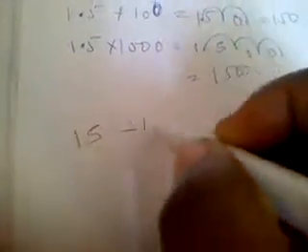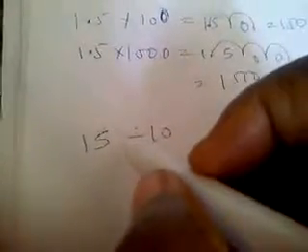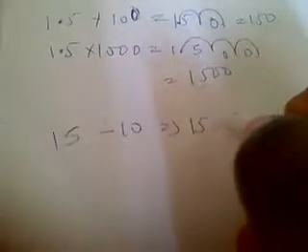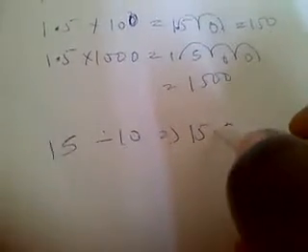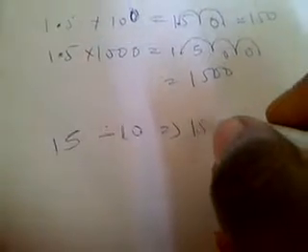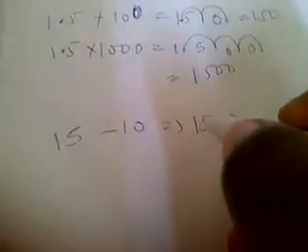Now if you're dividing a whole number by a power of 10, let's say 15 divided by 10. 15 is the same as 15.0, the decimal point is after the whole number. Now you're going to take this imaginary decimal point and move it one place to the left. If you're dividing by a power of 10, you move to the left. If you're multiplying by a power of 10, you move to the right.